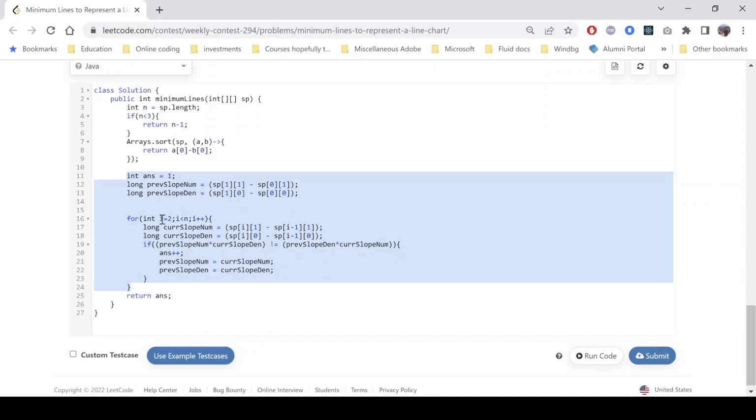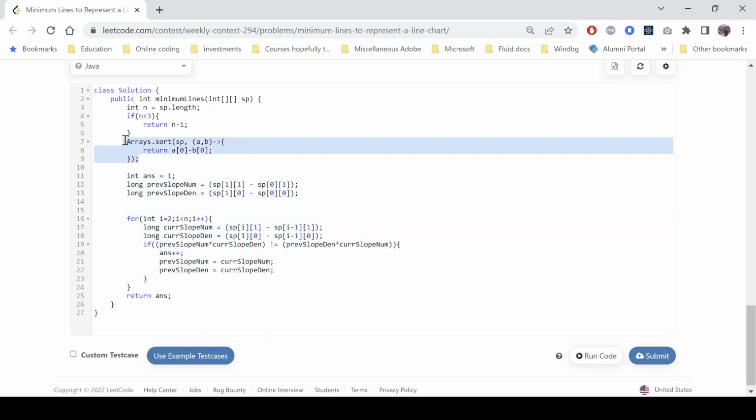But yeah. So now we sort the array based on the days. That means we need to sort the points in increasing order of x-axis, so that we have contiguous points, because obviously we will be connecting the contiguous points only to make it a line chart.